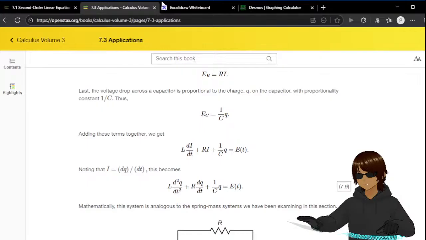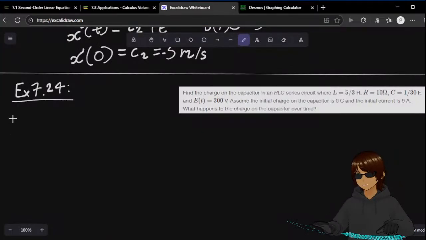So this is the equation. L is equal to, I like this format of the equation.